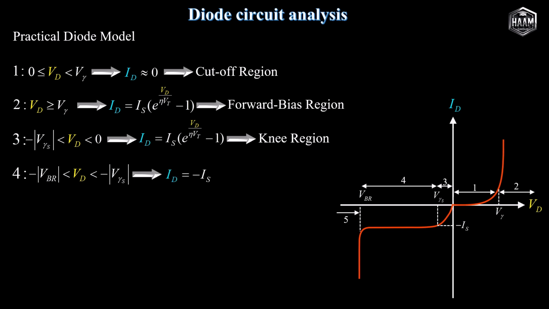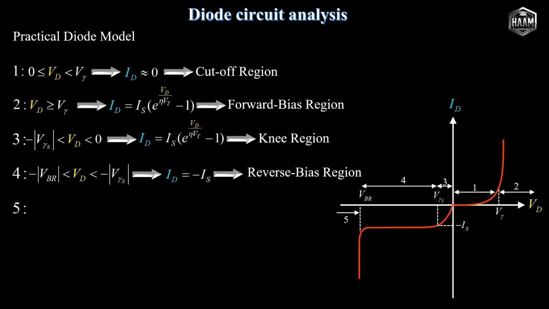It is strictly limited. Under reverse bias condition, current flows in reverse from the negative to positive terminal. Consequently, this region is formally called the reverse bias saturation region.